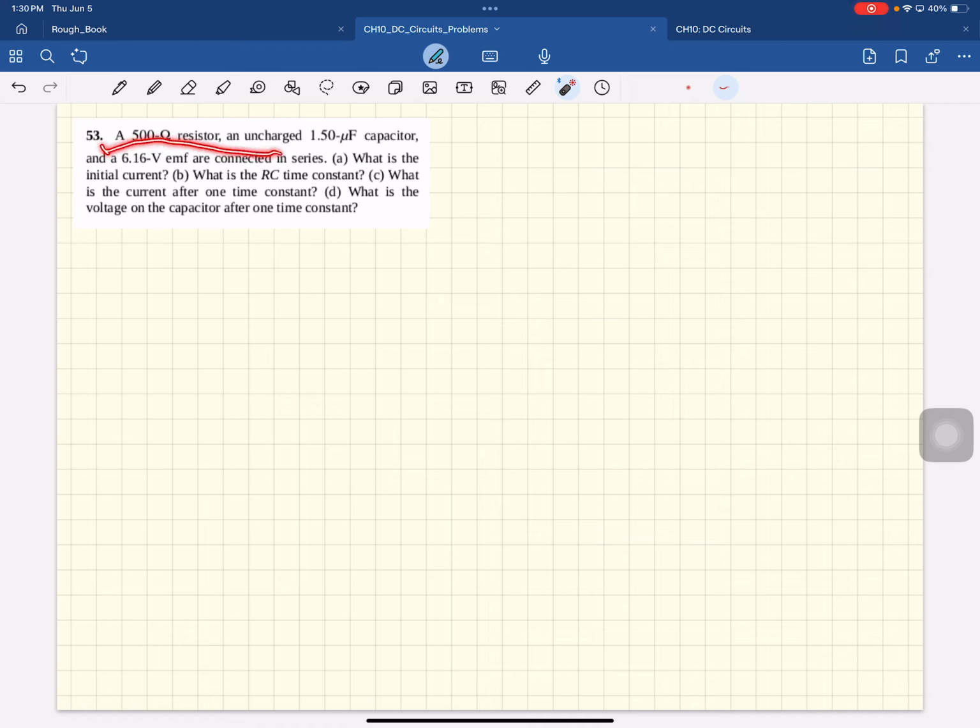A 500 ohm resistor and an uncharged 1.5 microfarad capacitor are connected in series. What is the initial current?